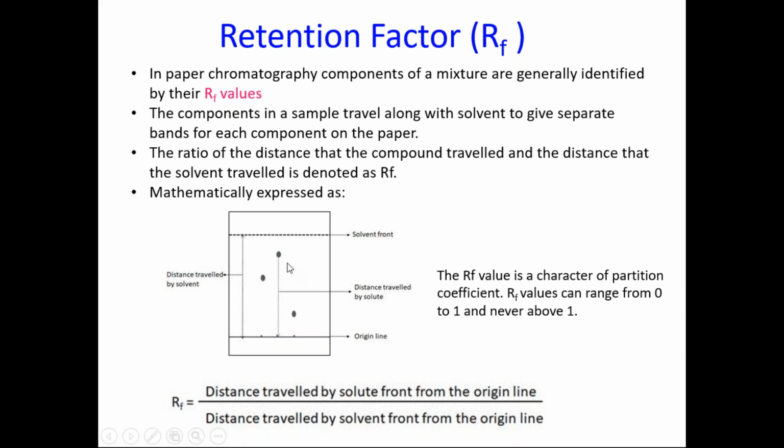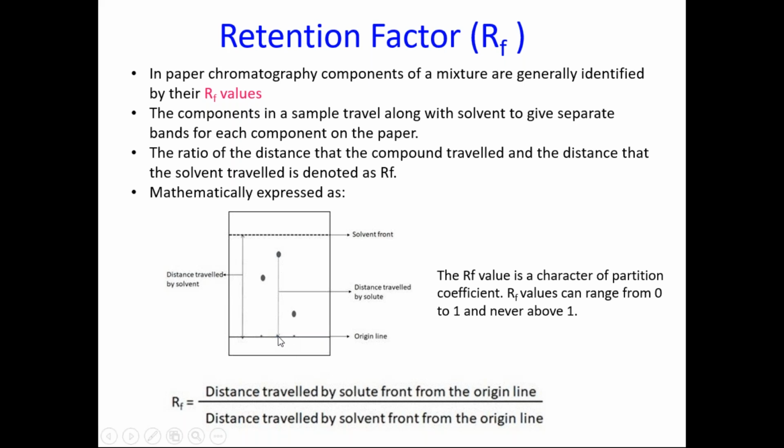The RF of any solute cannot be greater than 1. Okay, the RFs will range anywhere between 0 to 1 and never above 1. If it comes above 1, then you have some contamination in the solvent because it is moving along with the solvent. So remember this word, retention factor, the RF value, and know how to calculate the RF value.